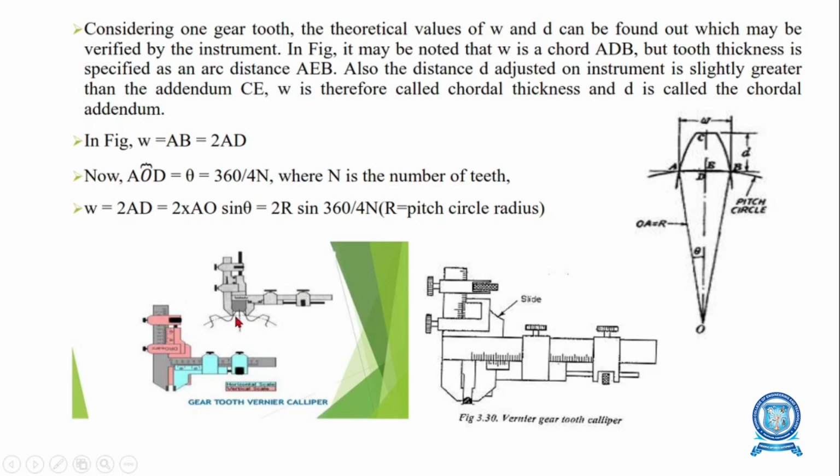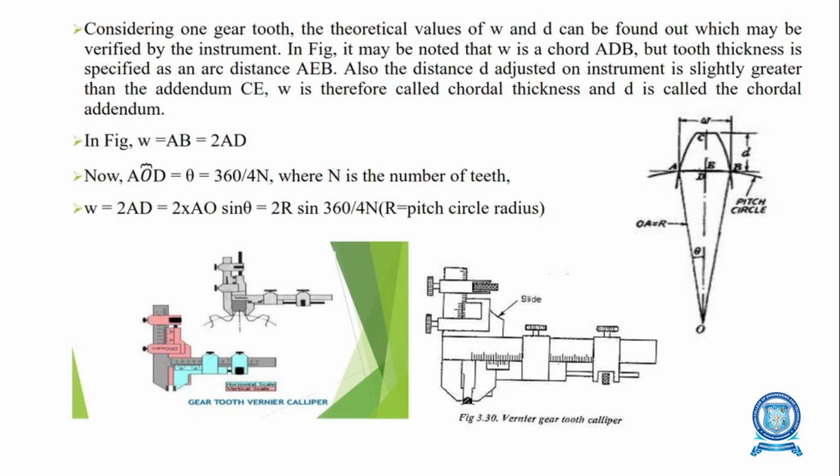Here is the gear tooth. The gear tooth vernier caliper jaws are placed over both sides of the gear tooth. By this method, the thickness can be conveniently measured by the gear tooth vernier.